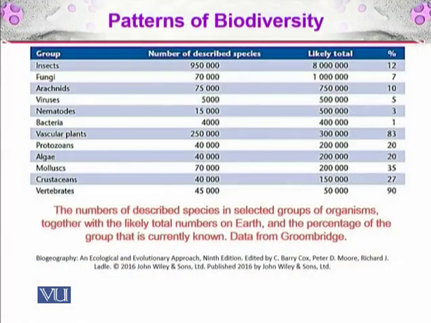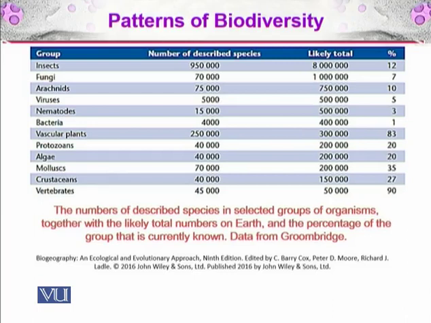Here we have the patterns of biodiversity of insects, fungi, arachnids, viruses, nematodes, bacteria, vascular plants, protozoans, algae, mollusks, crustaceans, and vertebrates. The numbers of described species in selected groups of organisms, together with the likely total number on the earth and the percentage of the group that is currently known, this was data from Groombridge.